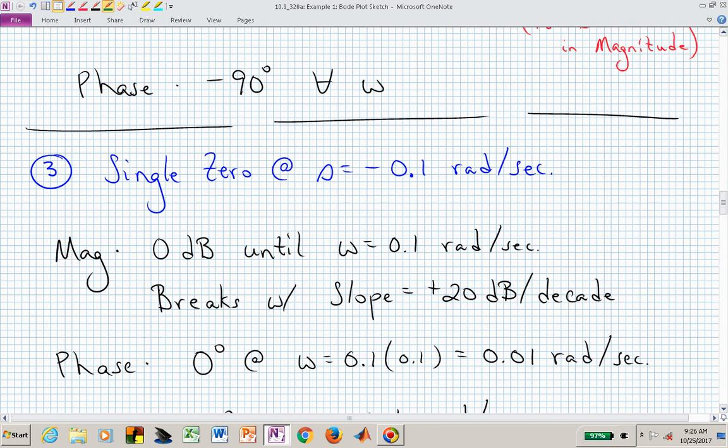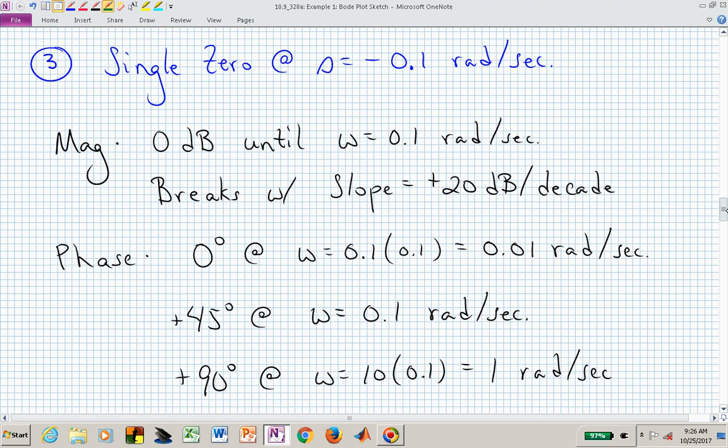The phase is a little more involved because now we have to start and stop the slope change. The phase is only changing within a 2-decade interval, and that interval is centered upon the break frequency, which in this case is at omega equal to 0.1.